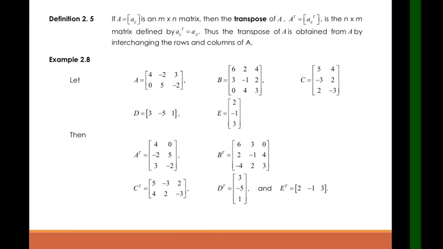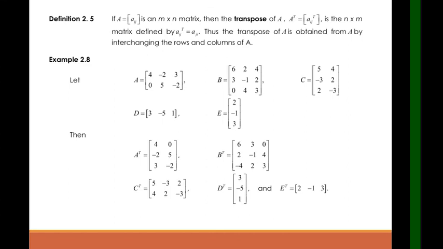Okay? Kumbaga, as you can see, m by n. So, magpapalit siya, magiging n by m. Matrix defined by A sub ij raised to t is equal to A sub ji. Thus, the transpose of A is obtained from A by interchanging the rows and the columns.